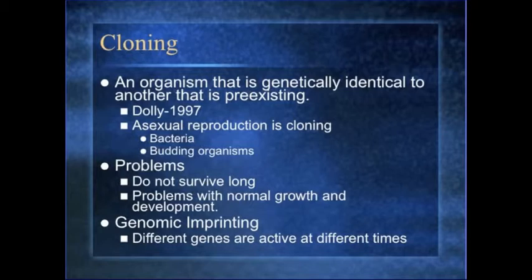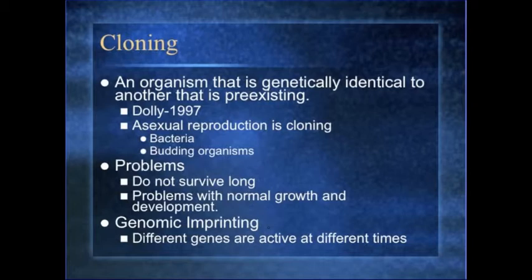The problem with clones made by scientists is that they do not survive very long, and there are usually problems with normal growth and development. This usually occurs because the cell that the scientists use in cloning is older, and therefore the genetic information is older, and there's some science behind why it just doesn't quite work. One of the reasons it may not work is genomic imprinting.